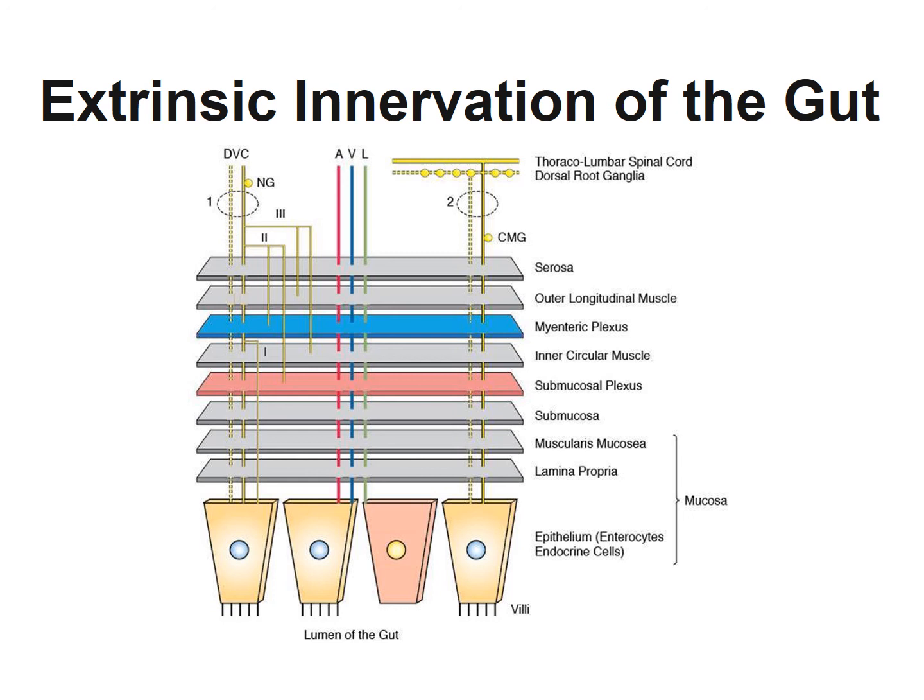Now back to the nerves 1 and 2. 1 is the vagus nerve. 2 is the splanchnic nerve.